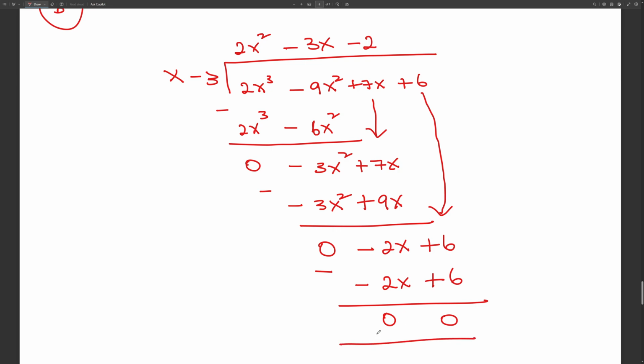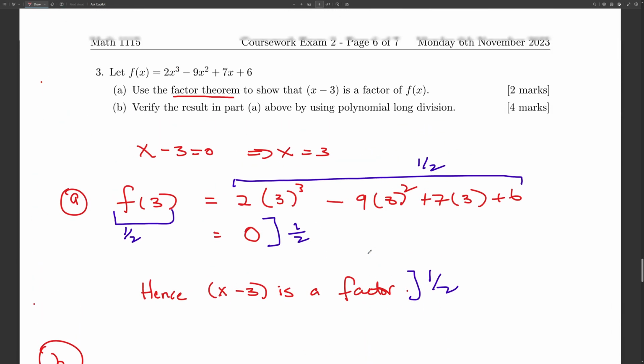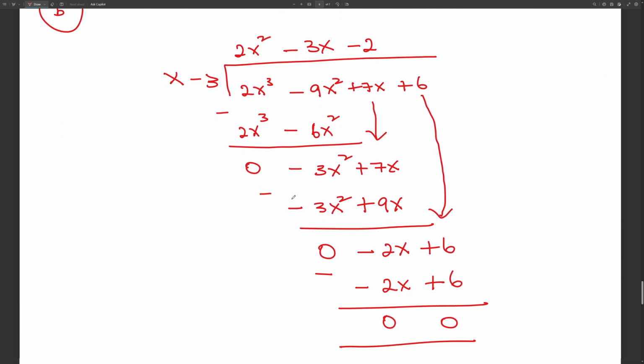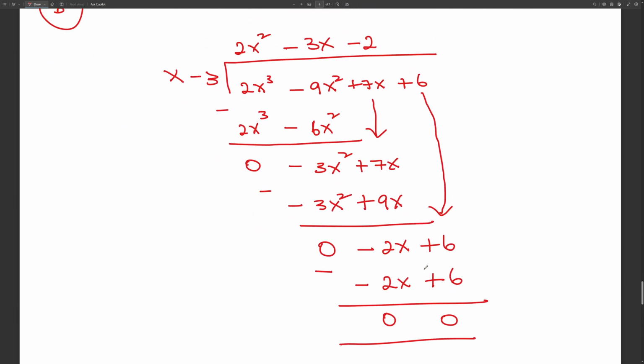So my remainder here is in fact 0, which I should get because they said to verify the result. When I divide by long division, I should get 0, and I did get 0, which means that this x minus 3 is indeed a factor, and my remainder is 0.